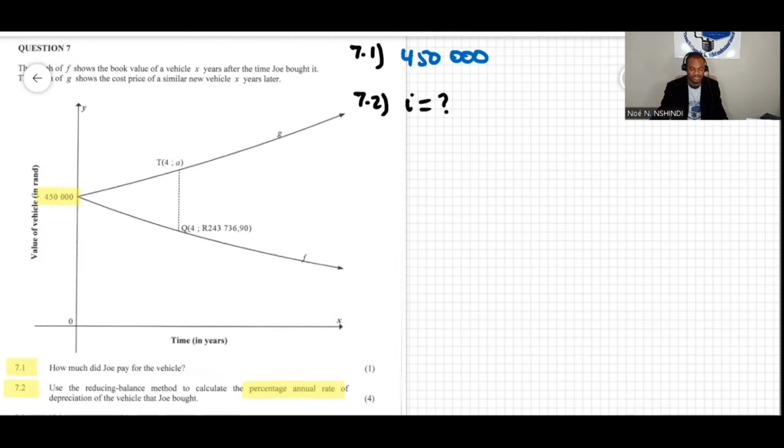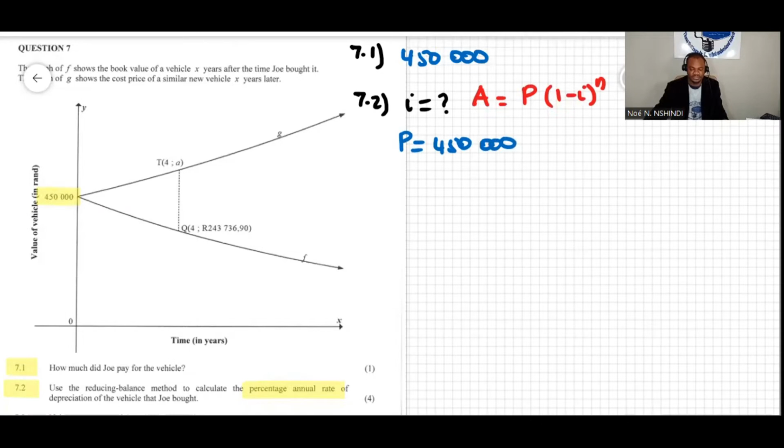Now, the formula will be: the amount will be equal to P open brackets 1 minus I to the power of N. The principal is the initial amount, which is 450,000.